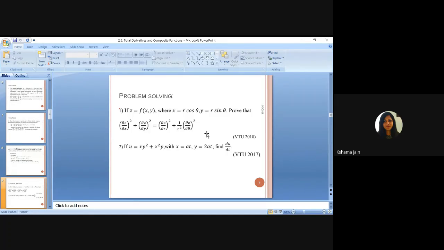But if u is not depending directly on x and y, but through some mediator, like u is depending on x and t, for example, and x and t are depending on other variables y and z. Getting? Again I try to explain.